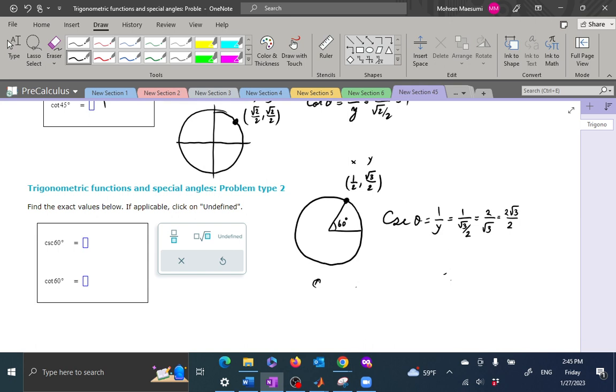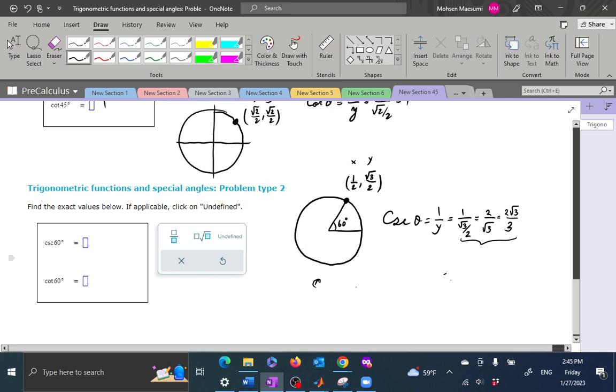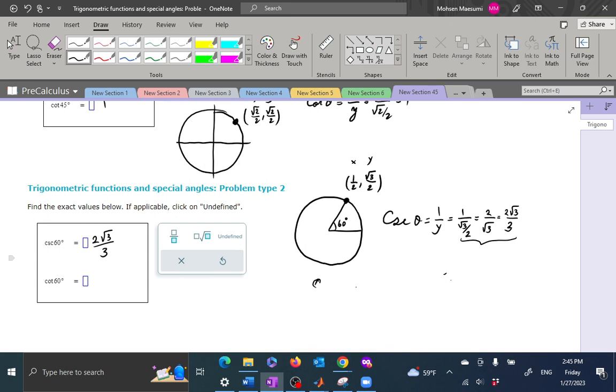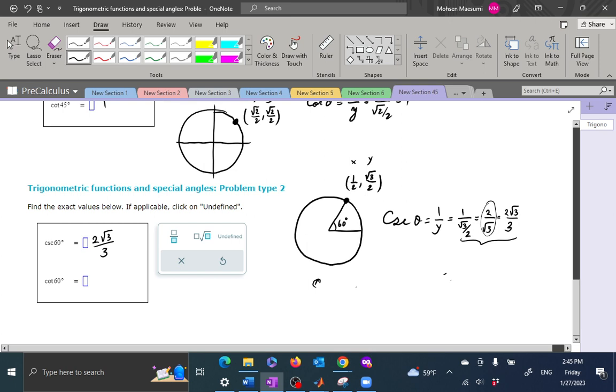Either way, software will be okay with all these 3 versions. These are all good. Excuse me here. Well, this is not good. This is 2 radical 3 over 3. So here is the rationalized answer. Perhaps the cleanest one was just the one in the middle because we wrote less.